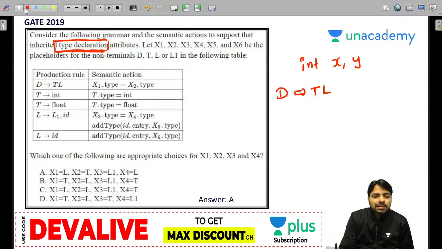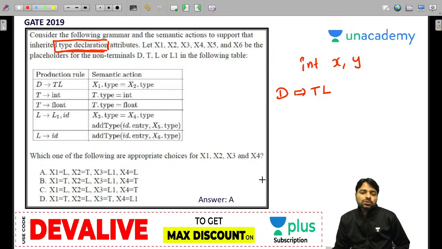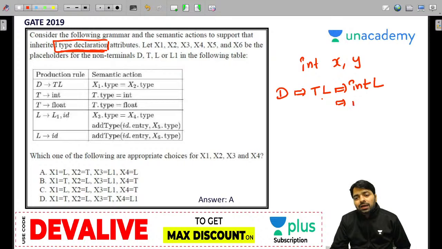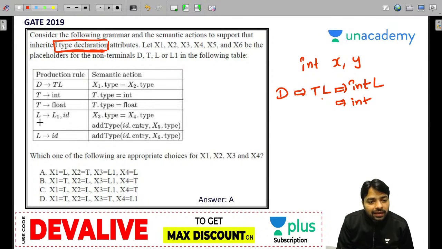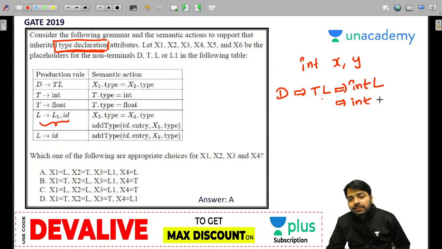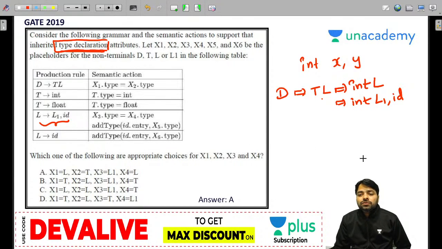Just ignore the semicolon if you don't have it in the syntax. T is going to be type, so we get int, and L has to derive x comma y. L gives L1 comma id. Space is not important because we have a sequence of tokens.